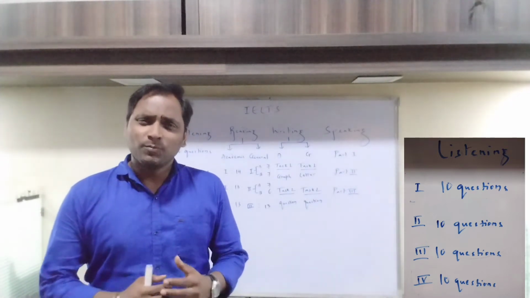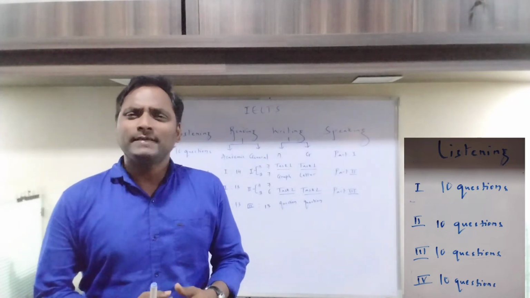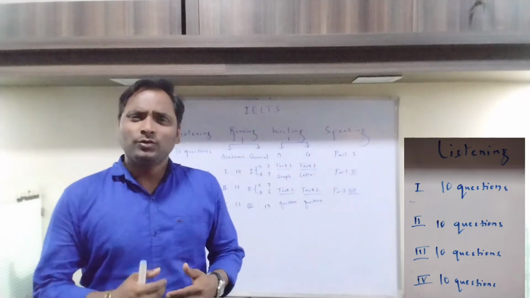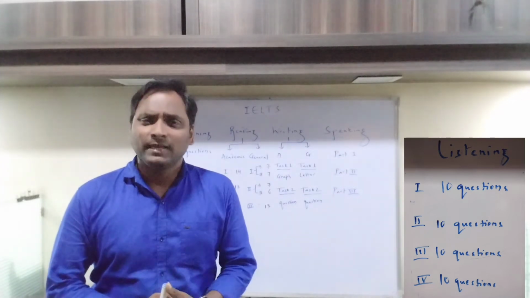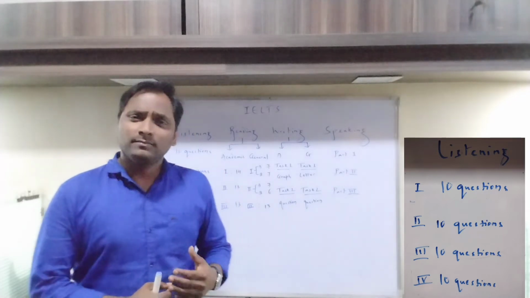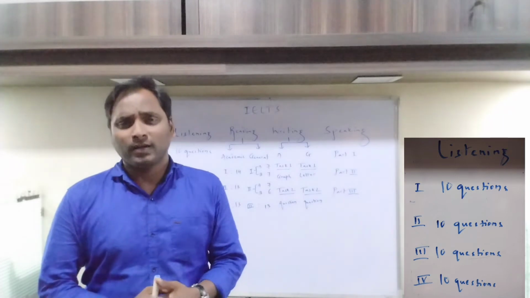So it's just a small tete-a-tete conversation and it goes very simple. And as you go ahead, you will find the level of difficulty increases. Then after section 1, you have got section 2, section 3 and section 4.